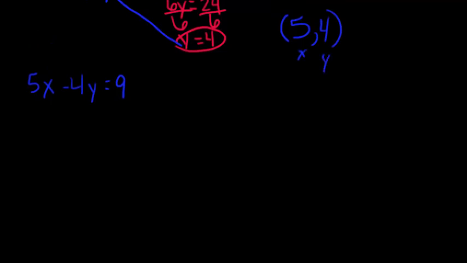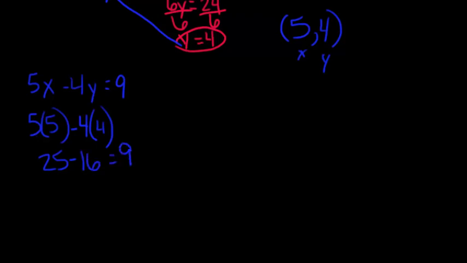So anywhere there's an x, we want to put 5. So 5 times 5 minus 4 times 4. 5 times 5 is 25. Minus 4 times 4 is 16. It's supposed to be equal to 9. 25 minus 16 is 9. So we know that that's correct.